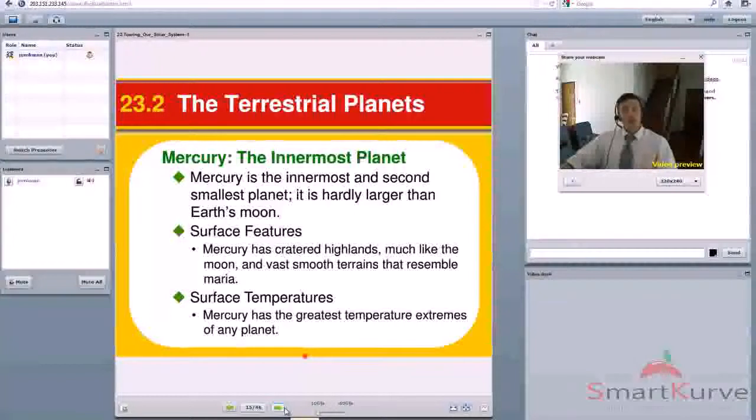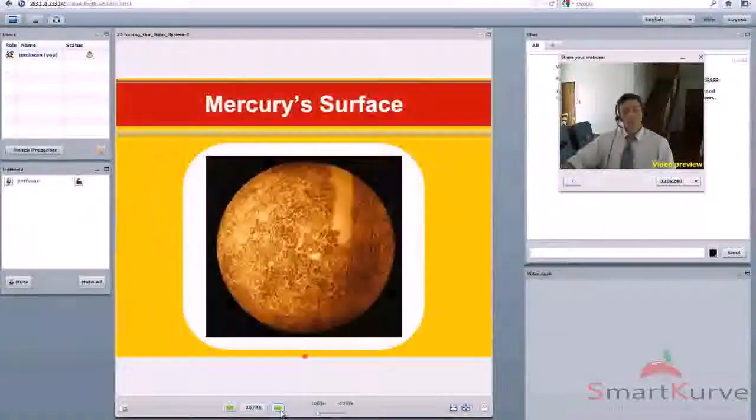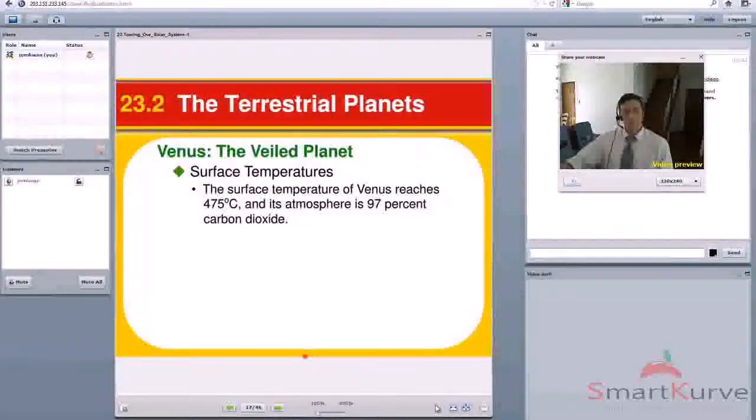But to put this in perspective, carbon dioxide on Earth is less than 1% of our atmosphere. It's closer to 1/100th of 1% of our atmosphere. On the planet Venus, it's 97% of the atmosphere. So this greenhouse gas is almost the whole atmosphere. So the atmosphere on Venus absorbs a lot of solar radiation, making Venus the hottest planet in the solar system.